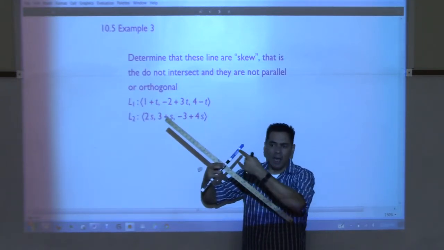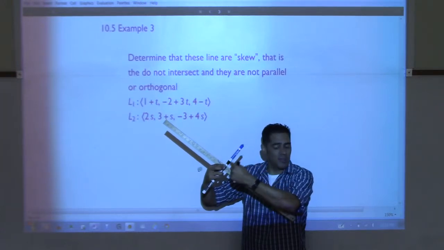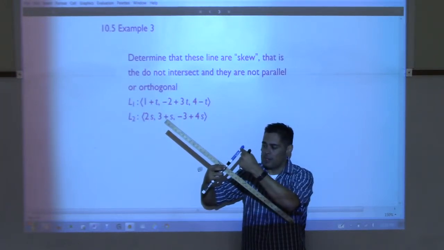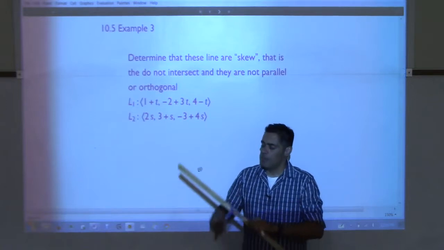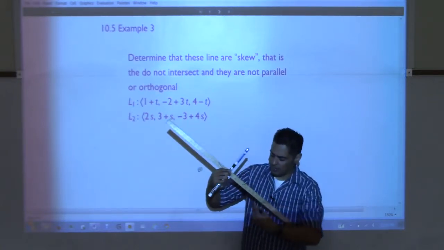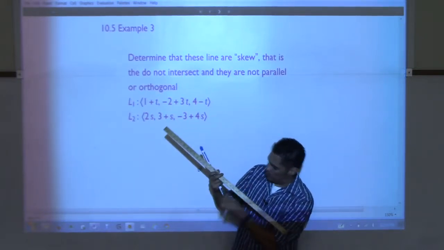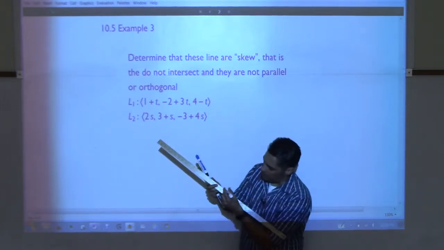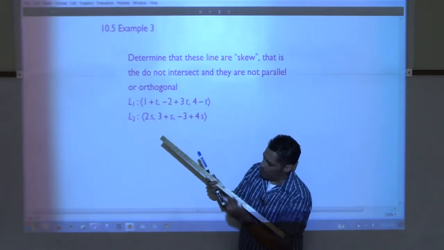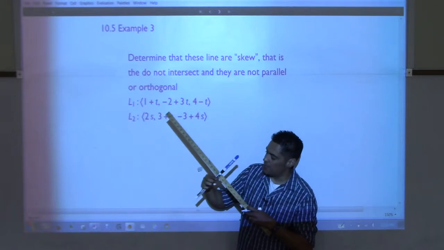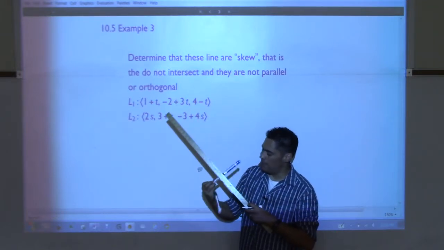That t, I don't want it to necessarily have to match up with the t on this line, because maybe t equals 1. This is always so difficult to explain. Maybe t equals 1 gives me that point right there, and it does hit this line at t equals 1.